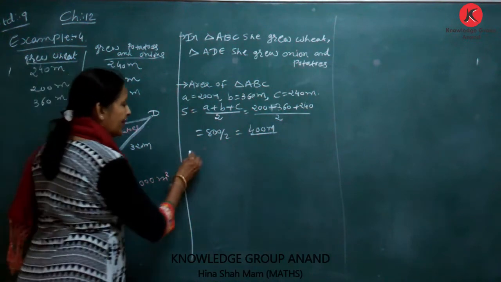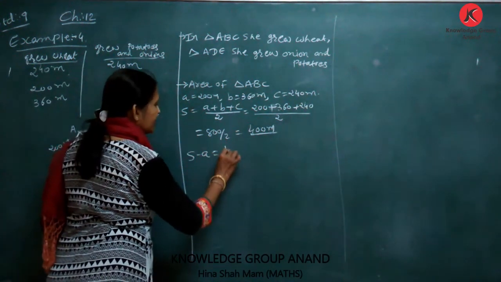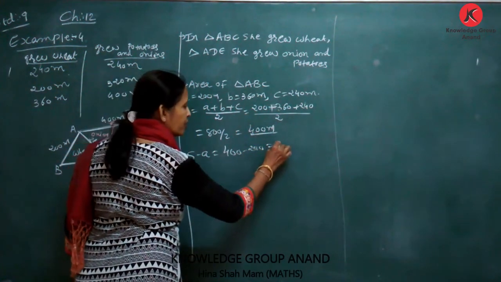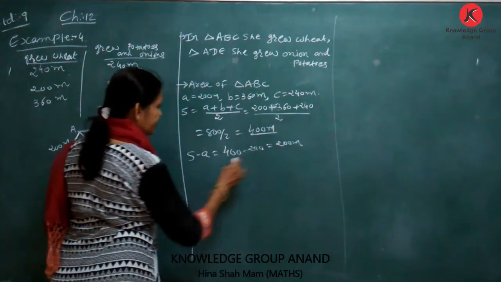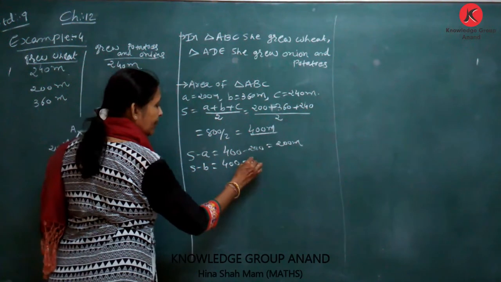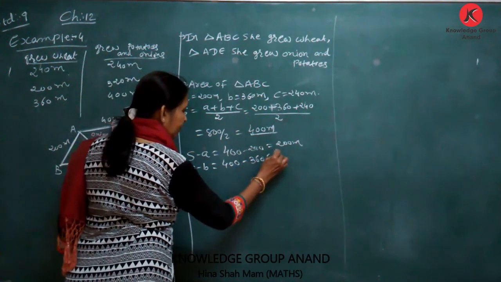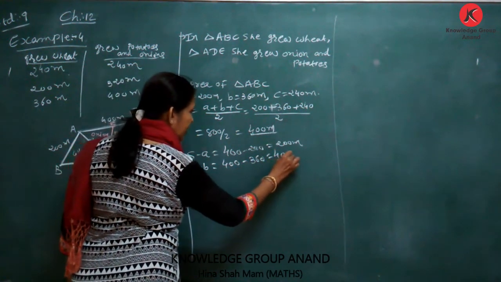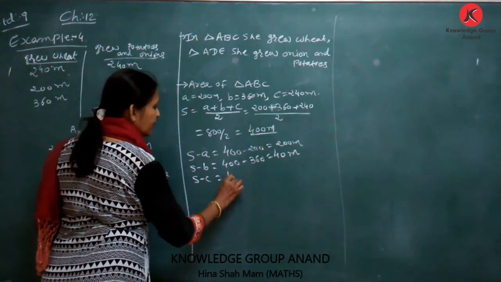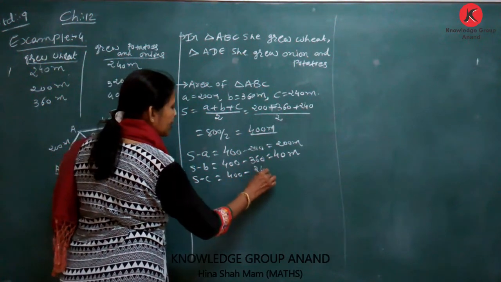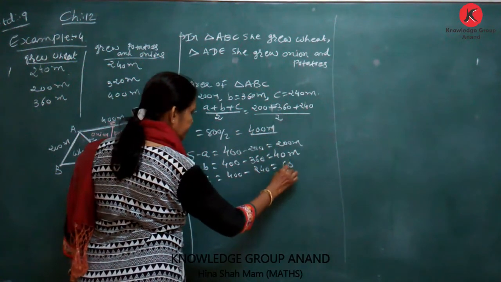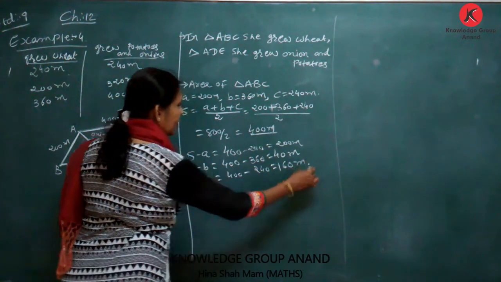Now s minus a is equal to 400 minus 200 equals 200 meter. s minus b is equal to 400 minus 360 equals 40 meter, and s minus c is equal to 400 minus 240 equals 160 meter.